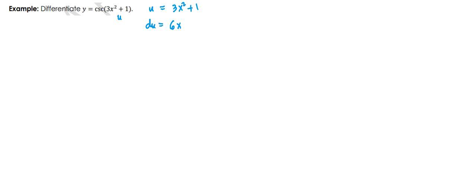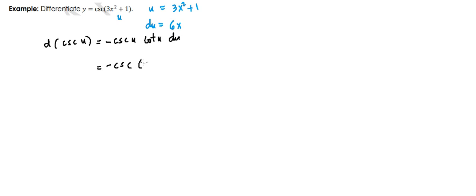So let's use our formula again. We have the derivative of cosecant u is equal to negative cosecant u cotangent u du. Alright. So again, we copy our trigonometric functions and then substitute our u.